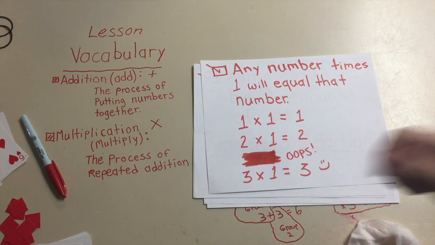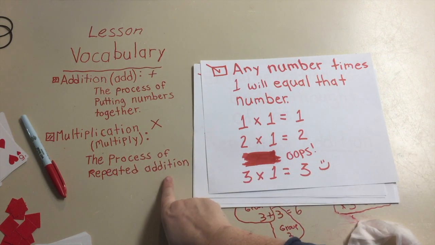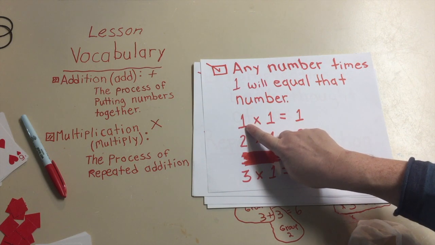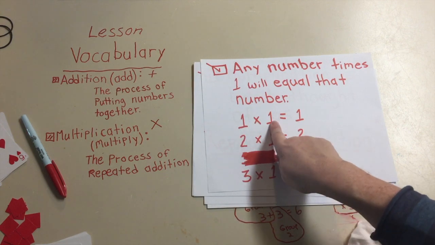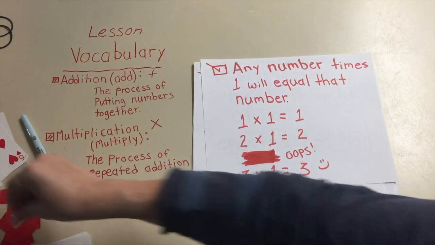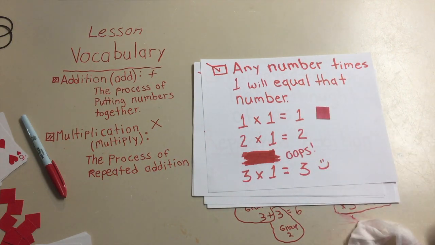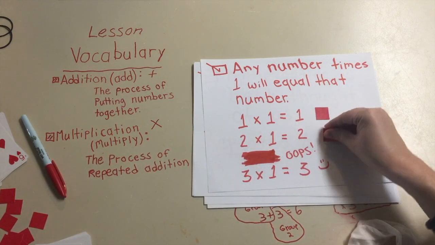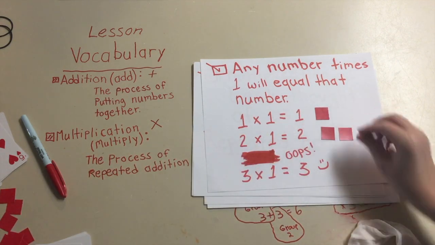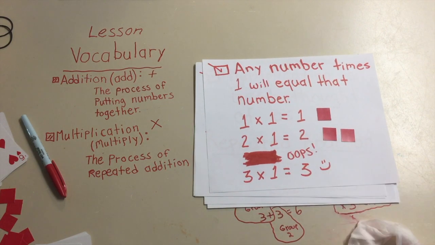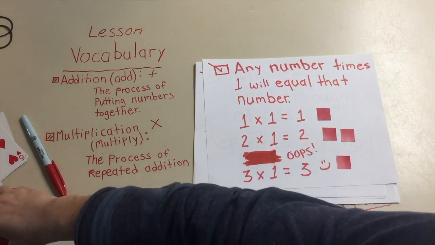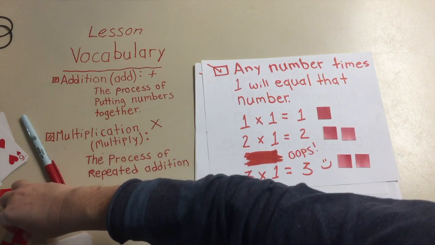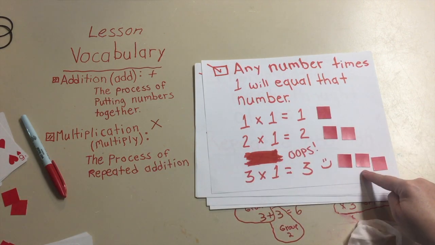Remember that multiplication is the process of repeated addition. So we're talking about groups of. One group of 1. So if I have 1 group of 1, how many do I have? 1. I have 1 group of 2. How many do I have? 2. I have 1 group of 3. How many do I have? 1, 2, 3.